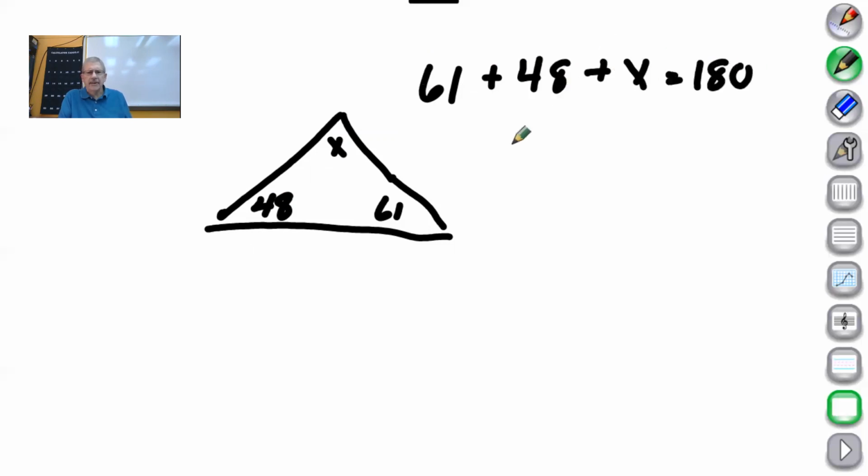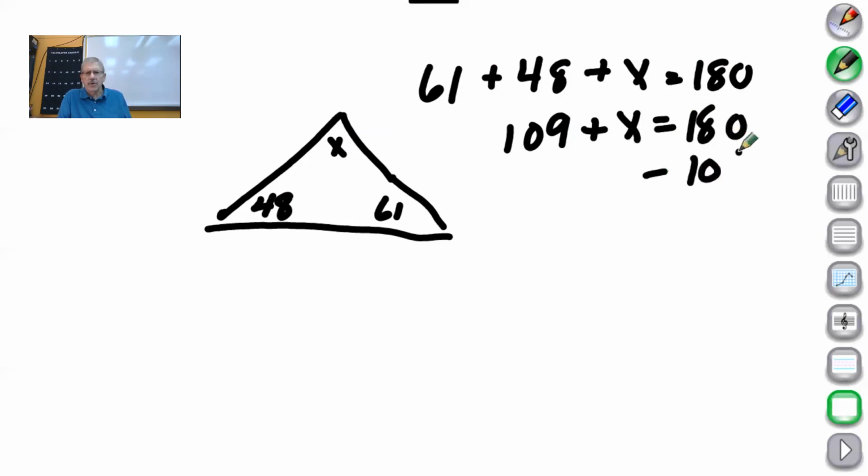You can add these together, that's 109. You might not be as formal, but this would be a kind of formal way of doing it. 180 minus 109 would give us 71 degrees. So we can find that answer real quick.